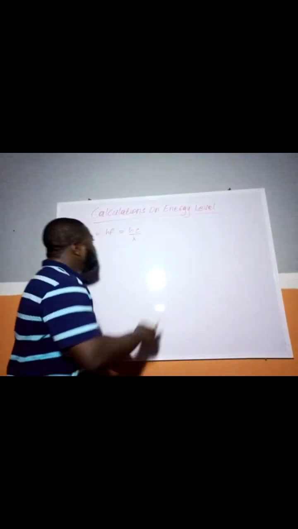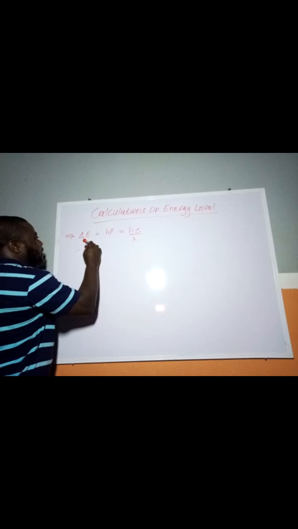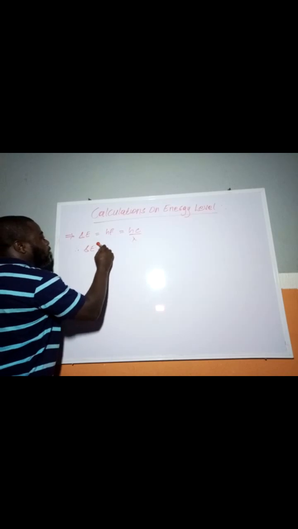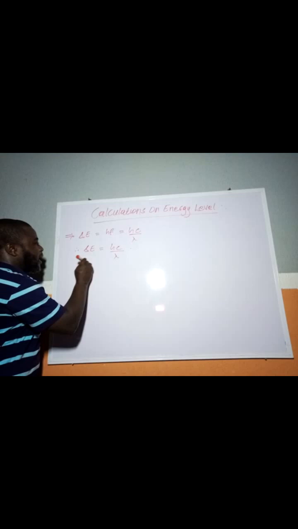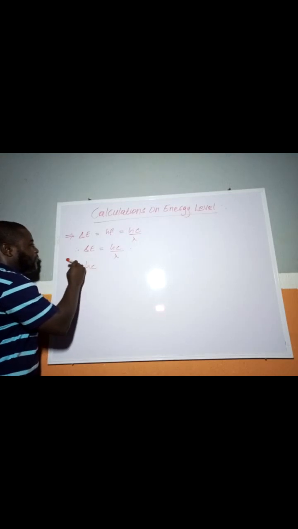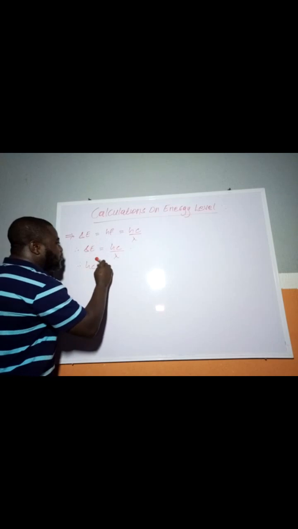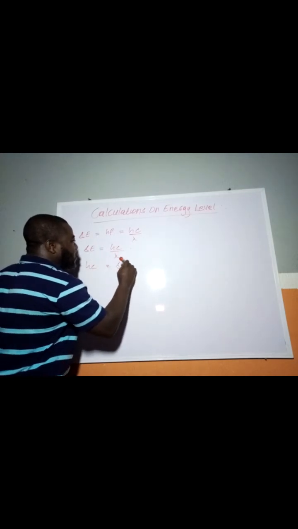So let me now conclude that I will have a change in energy, that is change in E, should now be equal to HC over lambda. Then from here I can have HC equal to change in E dot lambda.